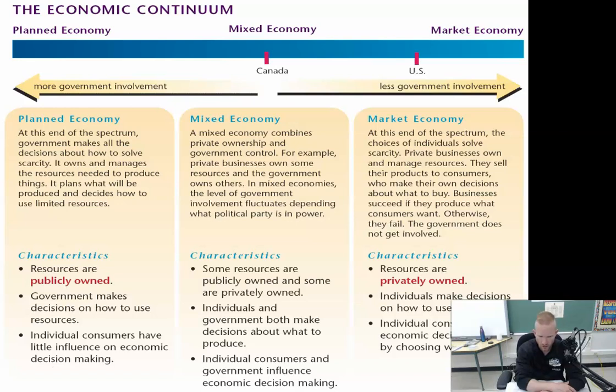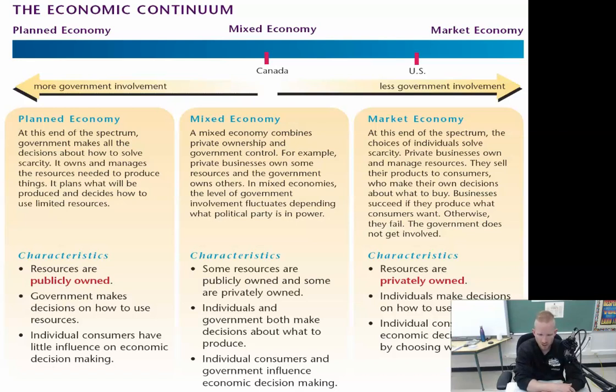So again, here you're going left. The government owns the factories, the businesses. They decide what's made. They decide the prices, all of that. Characteristics: resources are publicly owned. The government makes decisions on how to use the resources, and individual consumers have little influence on economic decision making, which means the people have really little say in what's going on.